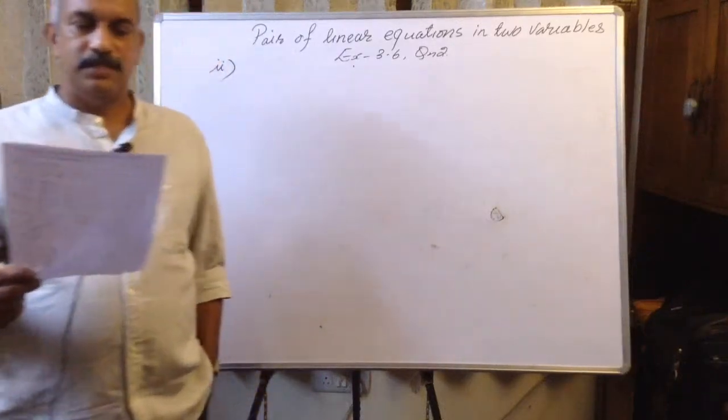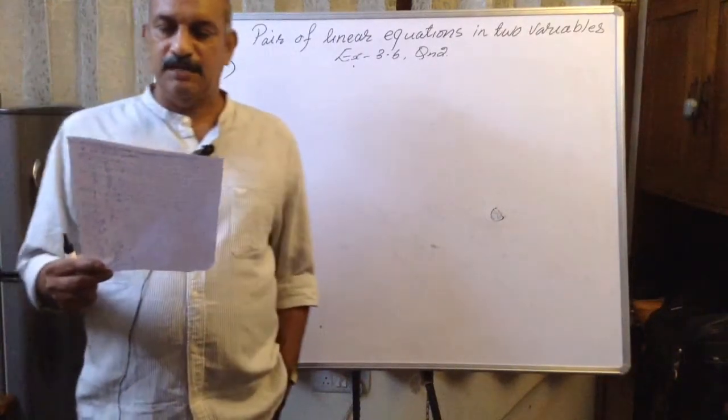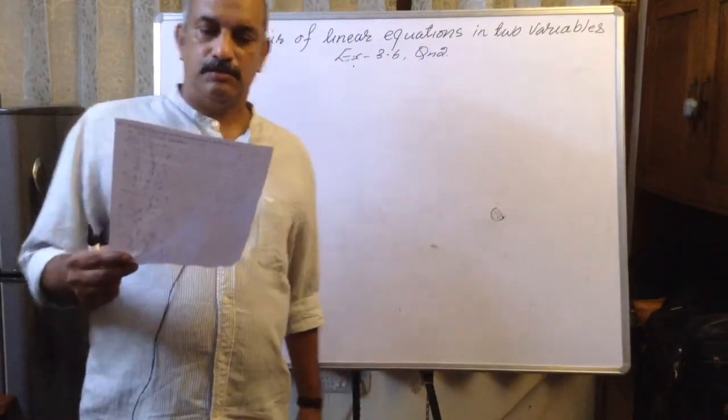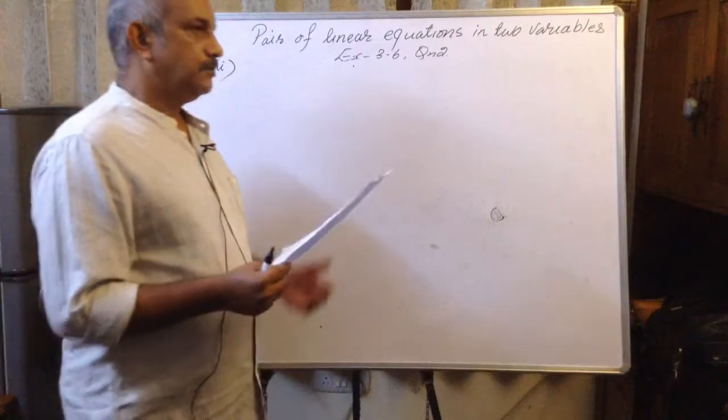See, the question says 2 women and 5 men can together complete a work in 4 days. So we have to convert it into an equation.